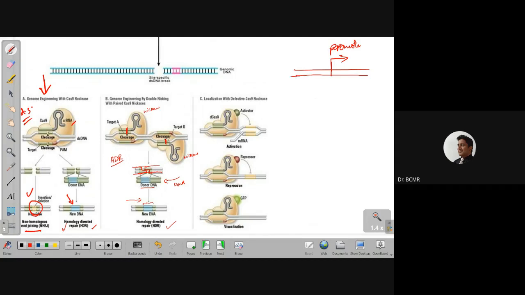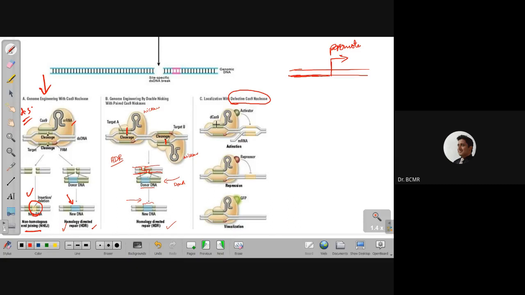All I know is only the sequence that is present here. I know the sequence of it, and assume that the sequence also has a PAM sequence nearby. Then I can design a defective Cas9 nuclease.